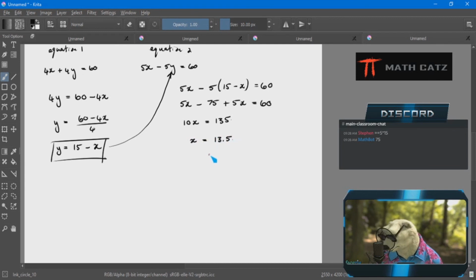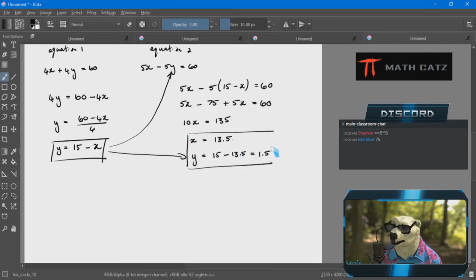And therefore x is 13.5. Then I go back here and say, well, I know the relationship between x and y. So if x is 13.5, y is 15 minus 13.5, which is 1.5. So here I have my answer. Now it's a matter of the concluding sentence.